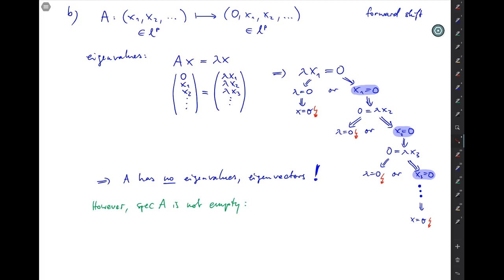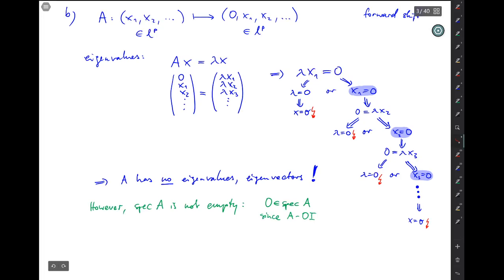However, the spectrum is not empty. It contains at least the point 0. How do we know that? Well, we will see. What does it mean for 0 to be in the spectrum? Well, you have to show that A minus 0 times the identity is not invertible. But that's clearly A itself, and why is it not invertible?